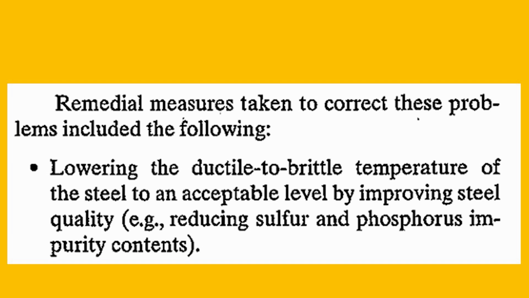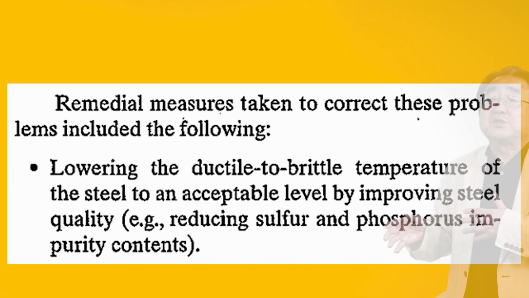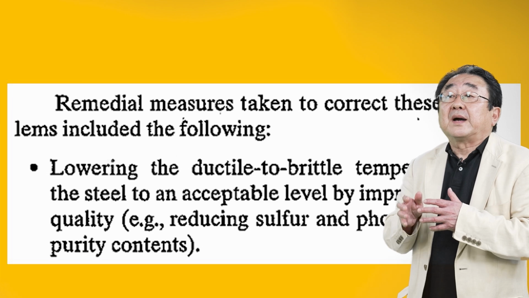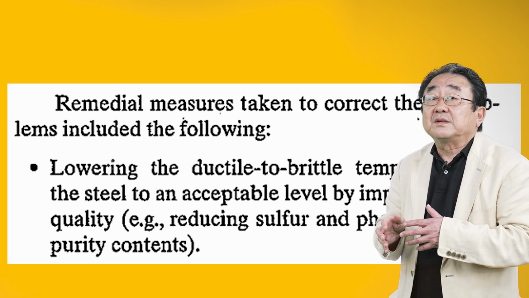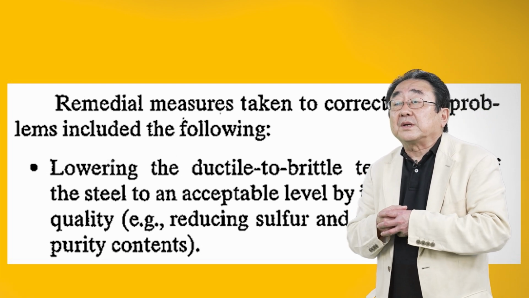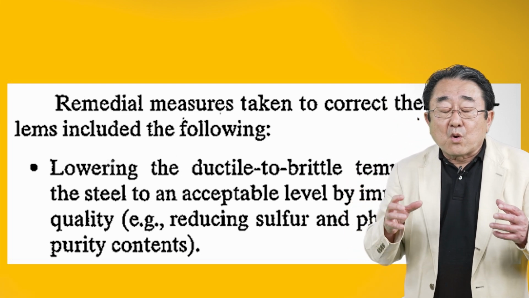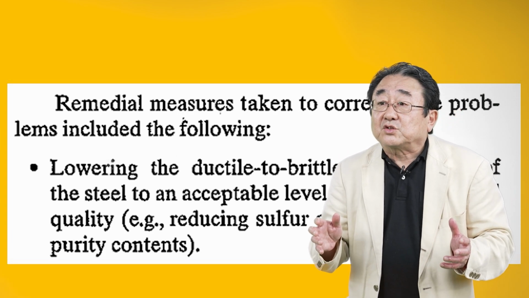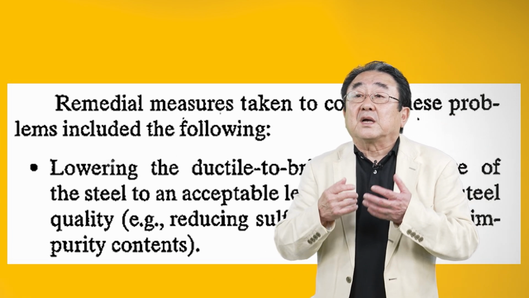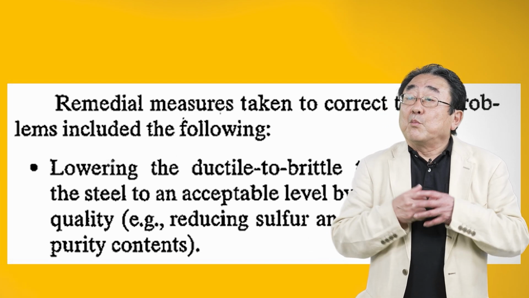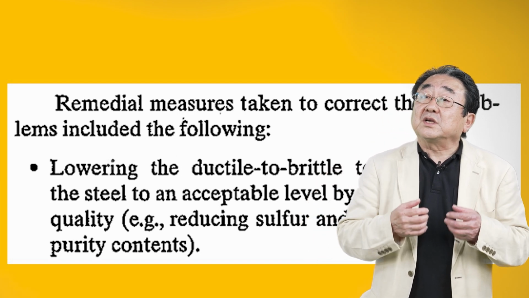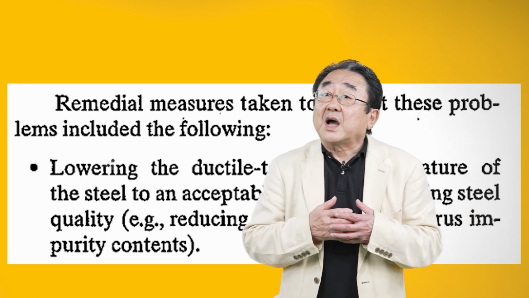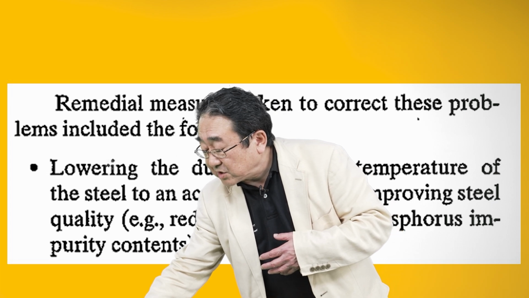They also worked on lowering the ductile-brittle transition temperature of the steel to an acceptable level by improving steel quality. So in the case of lower temperature, one way is improving the steel quality. Higher quality steel should be used. That is one of the answers from the material science engineer.